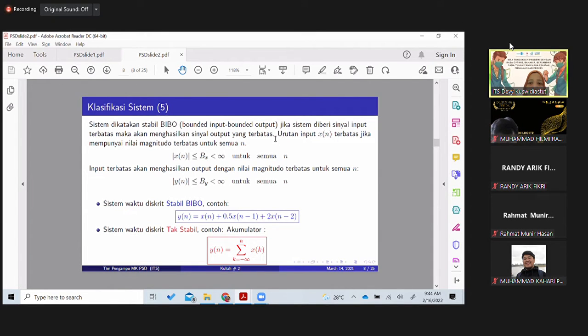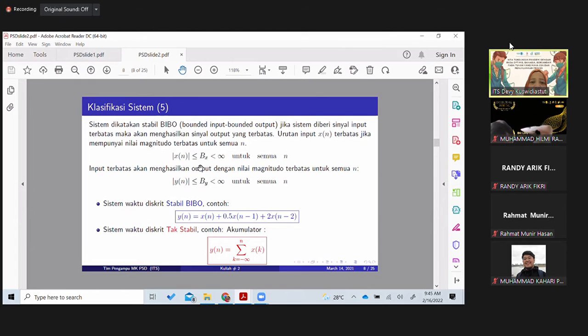So we could say that the magnitude of input x[n] is less than infinity, Bx here is the bound of x. So it is like a limit of the value of the magnitude of x[n] here. And because it has a limitation here, it is not infinite, so it is bounded at Bx.